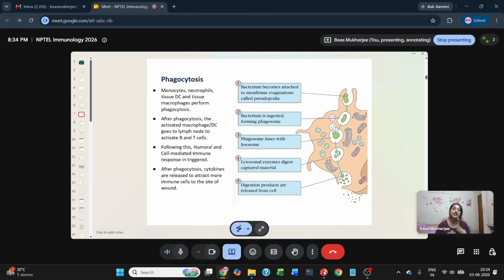Now, if it was an endogenous antigen, that is, it was either from a viral protein that was produced inside the cell, because our cell using its own machinery produced that viral protein, then it is going to be expressed using MHC class 1, or it can be from a virus infected cell, or it can be from a diseased cell.